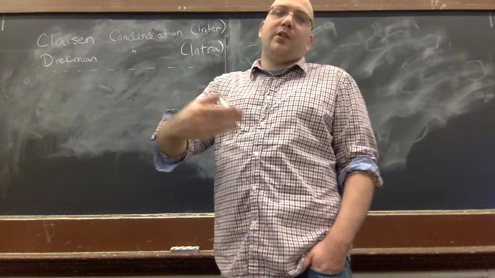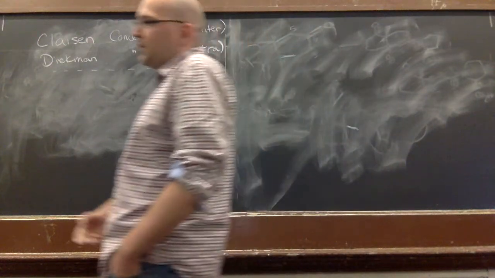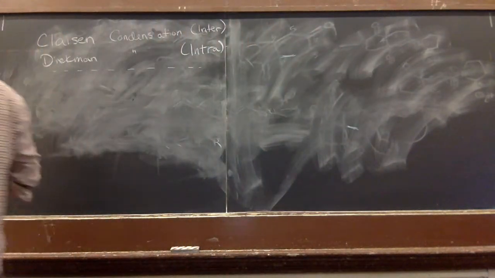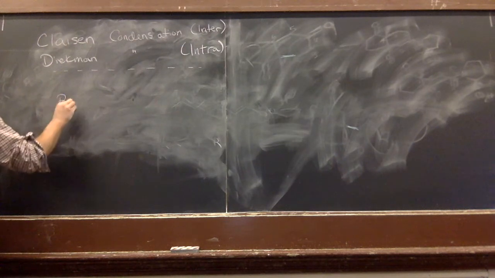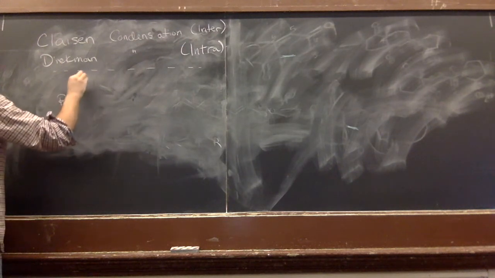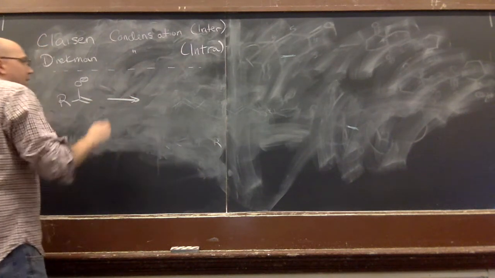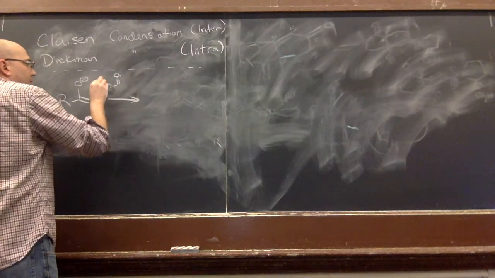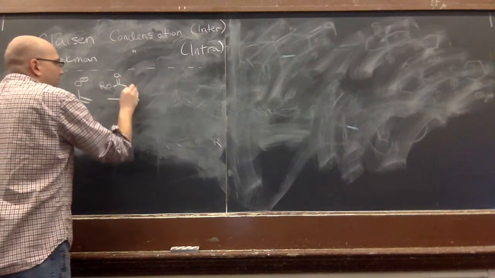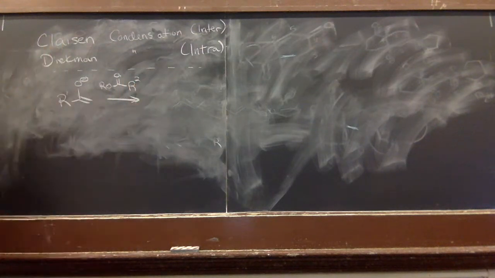We've seen a Michael, which is an example of an enolate reacting 1,4 into an alpha-beta unsaturated carbonyl. But the Claisen and Dieckmann is a reaction whereby the enolate that we generate actually reacts with an ester. So I'll just say OR. We'll just make this R1 and R2. And so it turns out that enolates can react with esters.